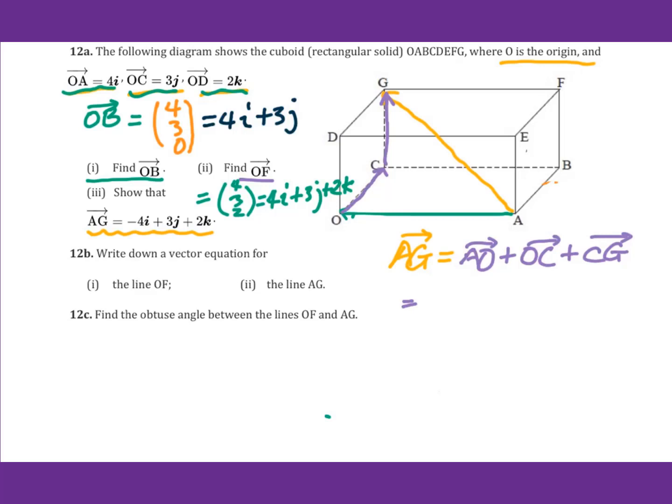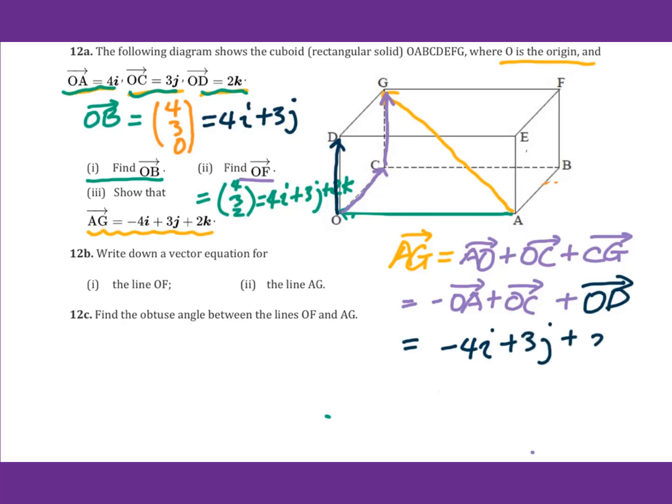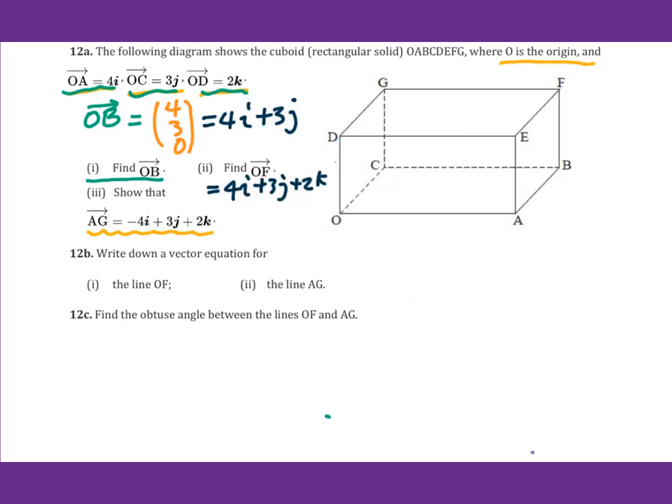For AO, that's negative OA, plus OC, we already know, plus CG, that will be equal to OD. Therefore, negative OA, that's negative 4i. OC, that means 3j. Plus OD means 2k. That's it.